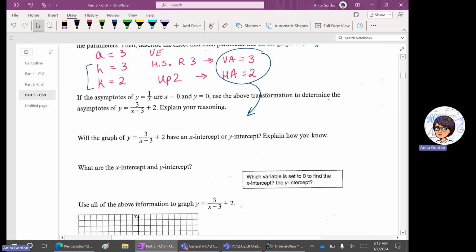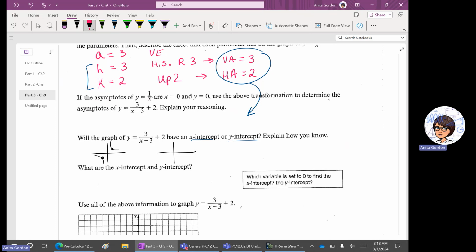Okay, will this graph have an x-intercept and a y-intercept? And the answer here is yes, because in our original graph, y equals 1 over x, we cannot cross the lines x equals 0 and y equals 0. However, in our shifted graph, we have our asymptotes.